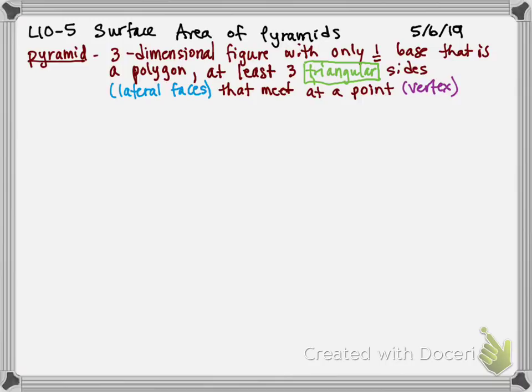So we're going to talk about only 2 types of pyramids, and we're going to talk about very special pyramids. So the first one we're going to talk about is a square pyramid.